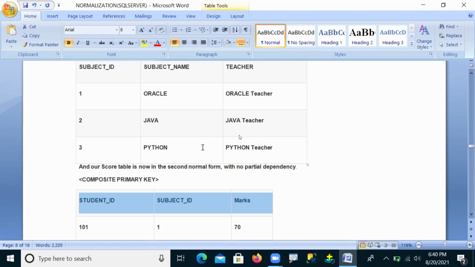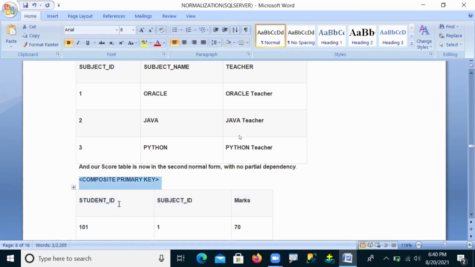So in the score table, student ID and subject ID form the composite primary key. Here subject ID is the primary key, and subject name and teacher are fully dependent columns.